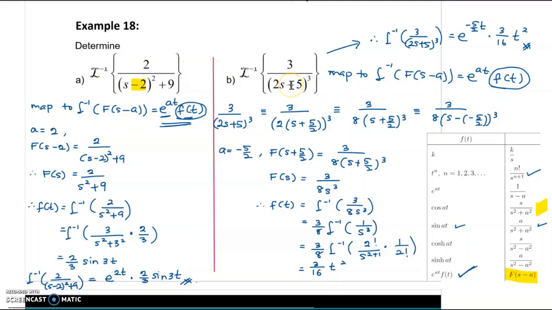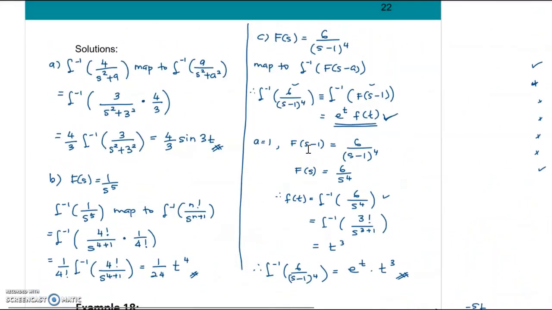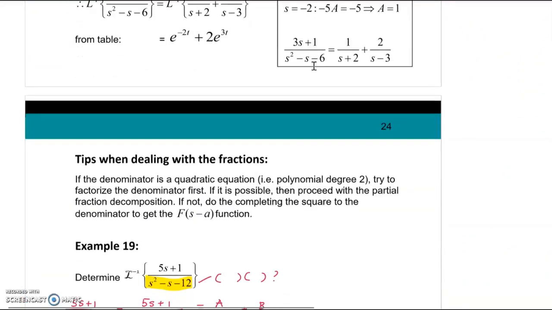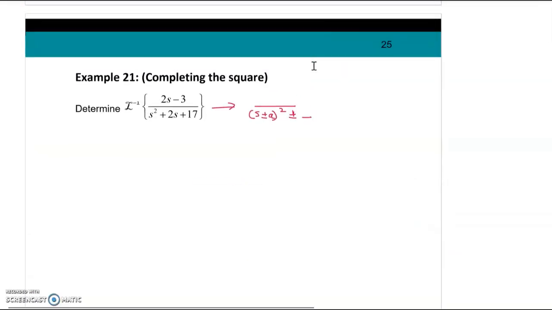The same thing here: when you have completing the square, meaning you have something in the form bracket squared, then you map to F(s minus a). That is the idea of why we perform completing the square, so that we have terms similar to what we have in the table.